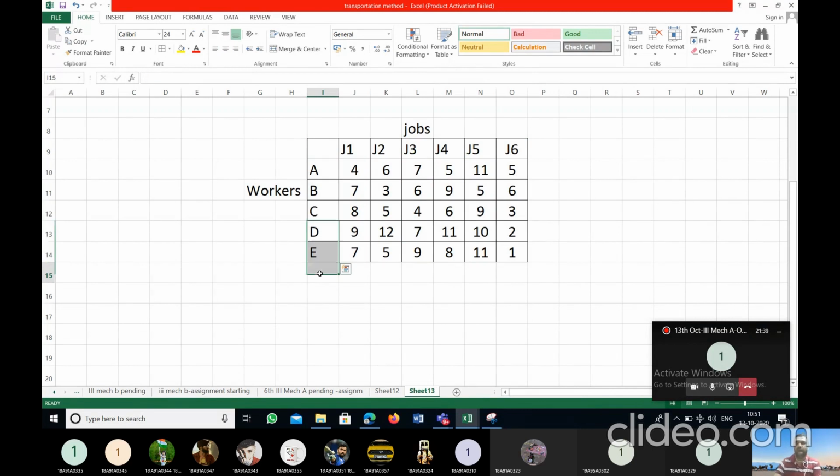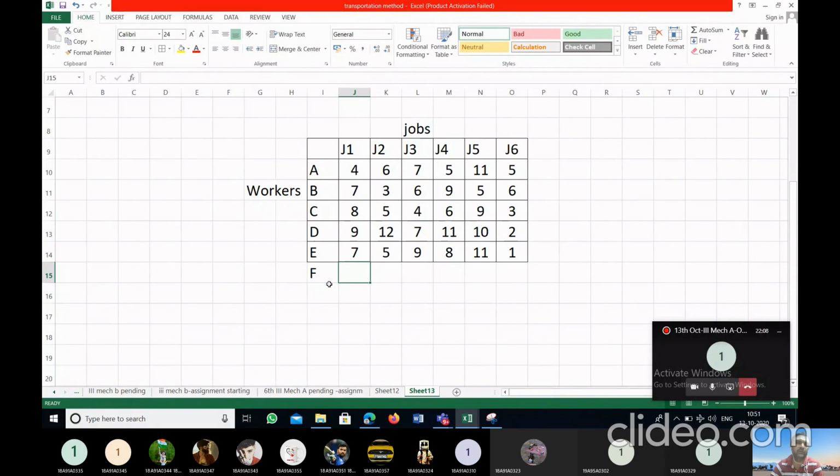Just like in transportation, where you adjusted the supply or the demand by means of a dummy demand or dummy supply, a dummy row or a dummy column can be added. Here also it is the same thing. I am lacking one worker, so what will I do?